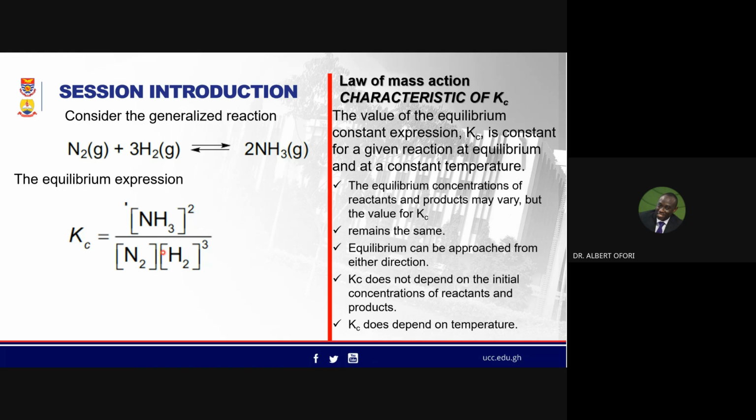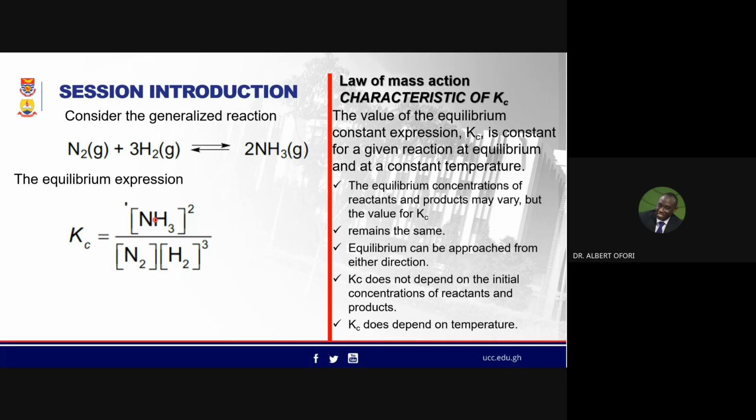If these are bigger than this one, then it will be less than one, a fraction less than one. If the reactant concentrations put together are bigger than the products, then it will be less than one.